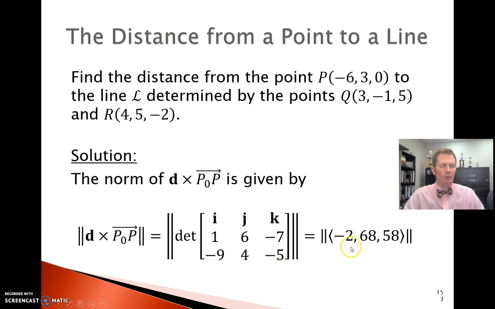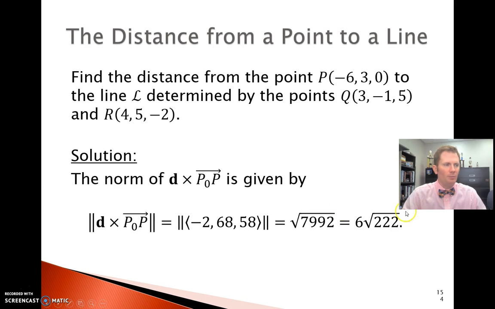And if we do that cross product properly, we should arrive at the vector -2, 68, 58, using the cofactor expansion. Okay, so once we have that vector, we can then find its magnitude by squaring each of the components, adding them together, and then simplifying, I get 6 times the square root of 222.